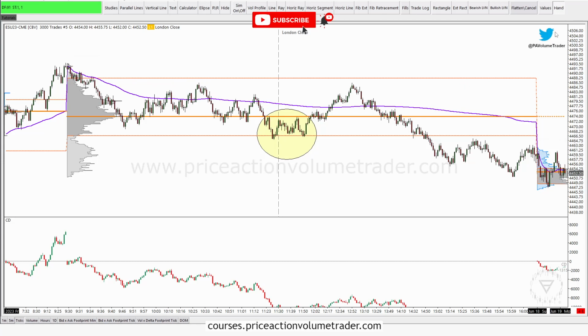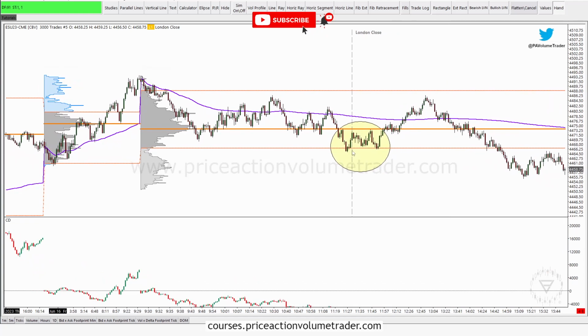Then we made this stab down over here, and then you can see right into the London close here, the Europe close, and that pretty much set the low for this area right here before we had another push up.